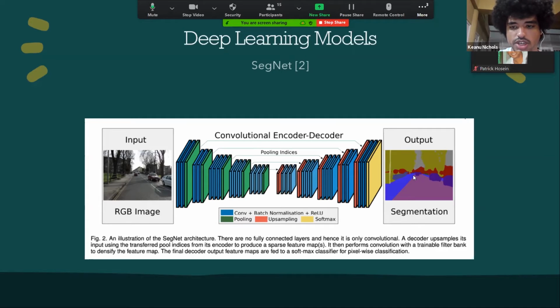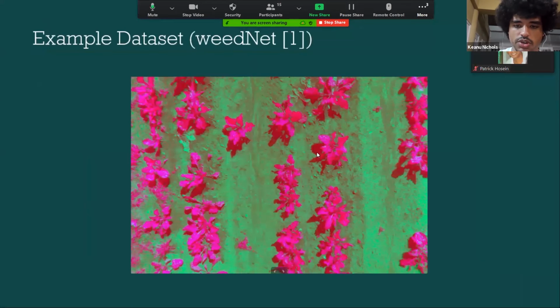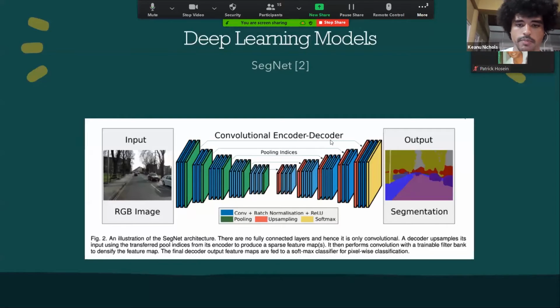We want to label each individual pixel, and that's what we'll be doing in this problem. So you see here, you have the image of the crops, and you have the soil, which is considered the background in our case. We want to know where the plants are, and, well, this image doesn't have weeds, but where the weeds are and so on.